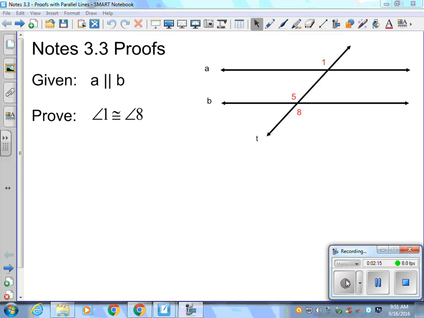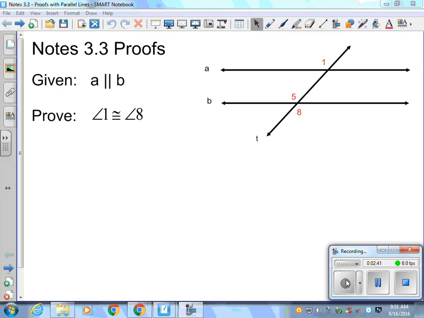And as we go through this one, we want to make sure that we focus on anything we know about the angles in this picture. This is one of the things I want to really stress with you. You can talk about corresponding all day long, and you can talk about vertical and supplementary all day long, and you can use those to help you prove all the others.